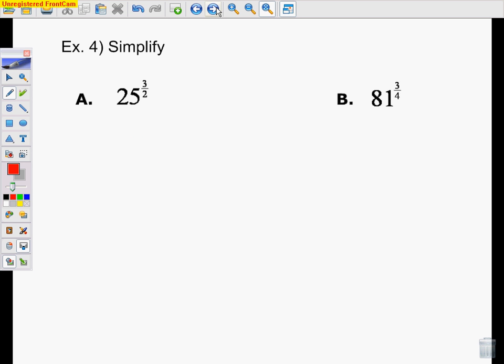Now, these problems are a little bit different. What we're going to do here is we're going to take this 3/2 and break it up. We know that 3/2 is the same thing as 1/2 times 3, right? You multiply straight across. 3 times 1 is 3, and then 1 times 2 is 2.